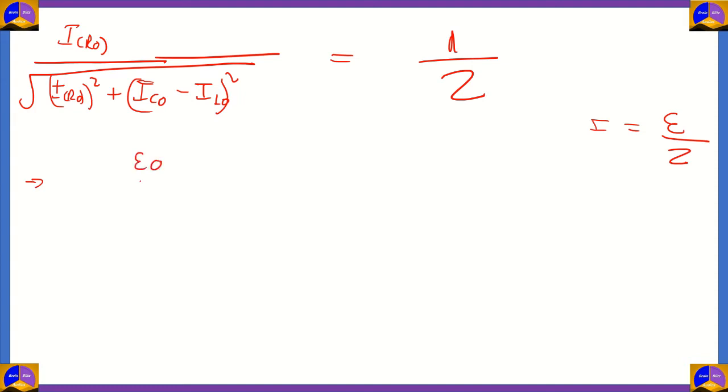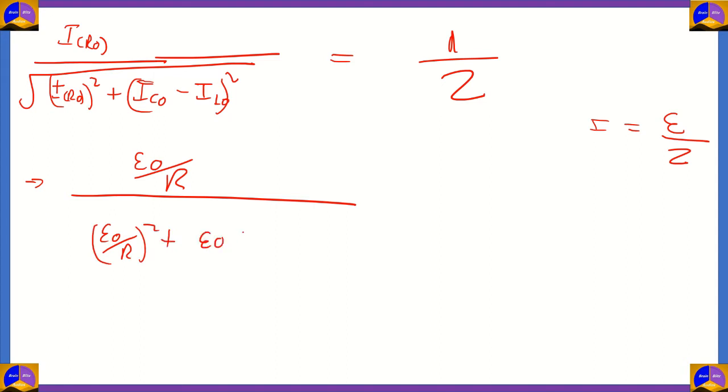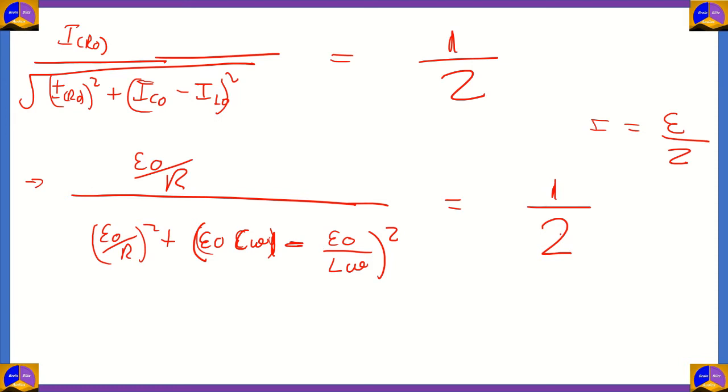So you have E naught divided by R, the whole divided by the square root of (E naught divided by R) squared plus (E naught times C omega minus E naught divided by L omega) squared. That is equal to 1 divided by 2.